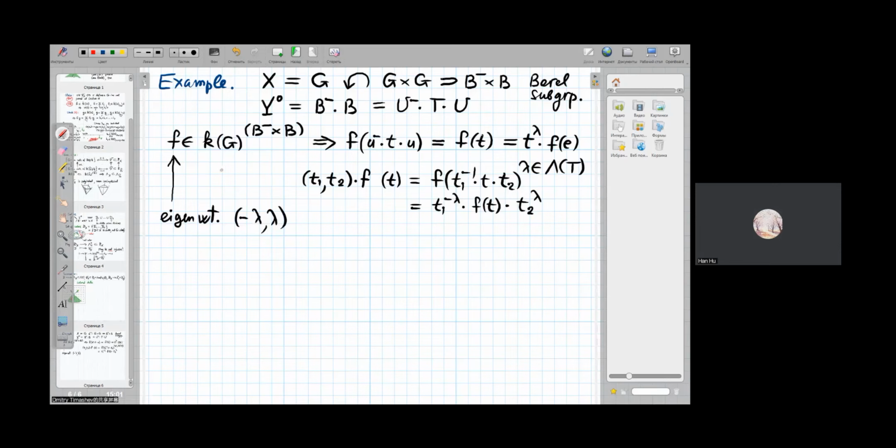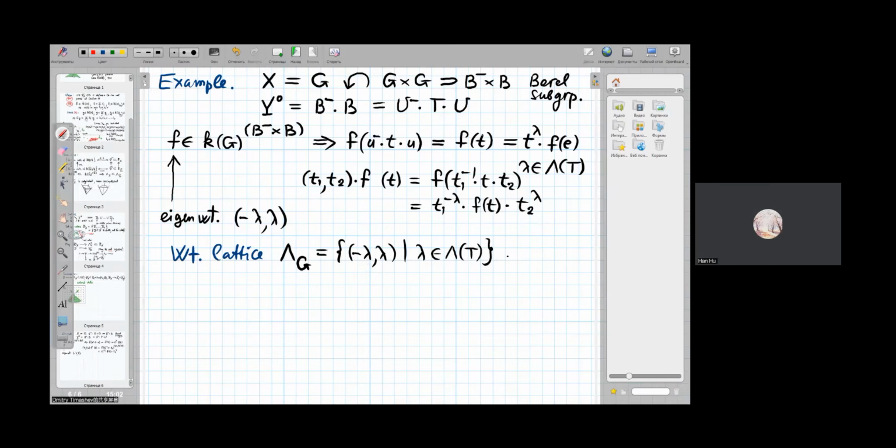So this is the eigenweight of any semi-invariant function, and this means that the weight lattice, in my notation lambda sub G, is just the set of all such pairs minus lambda comma lambda, where lambda ranges over characters of T. In other words, it is a sublattice in the character lattice of T cross T, which is lambda of T plus lambda of T, a sublattice which is the anti-diagonal of this direct sum.